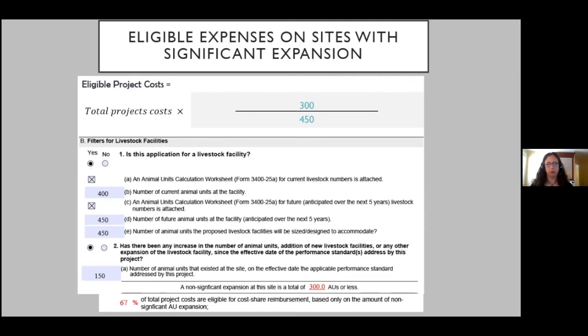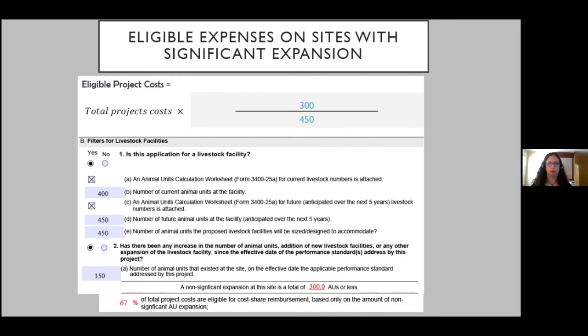So we have small scale agricultural and we have small scale urban TMDL projects. And so it really comes down to the watershed and the makeup of the watershed. So if you are going to apply for either a small scale or a large scale, if it's going to be a small scale ag, it's going to have to be greater than 50% ag.